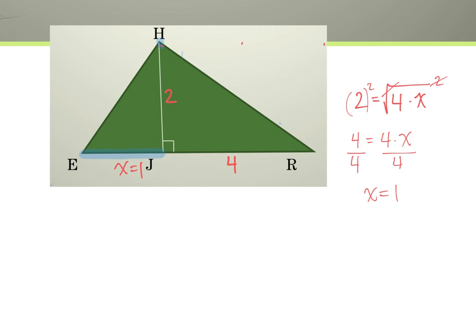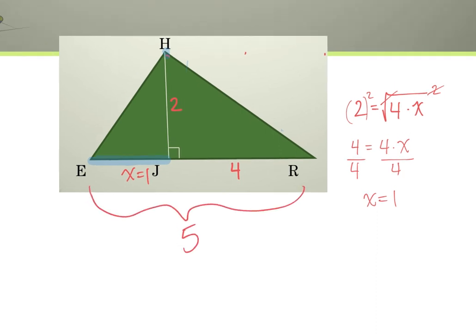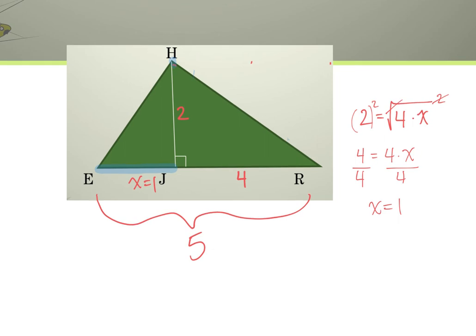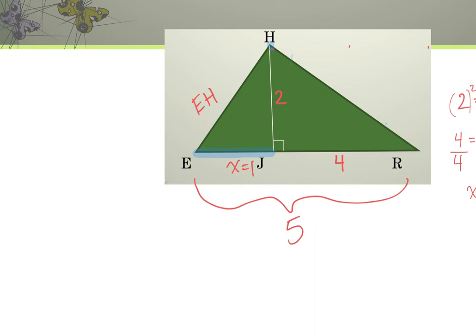So we know ER, which is the full length of the hypotenuse, is going to be what? 5. So now EH is going to be the geometric mean of what two values? 1, not 1 and 4. 1 and 5. Do you guys see it now?